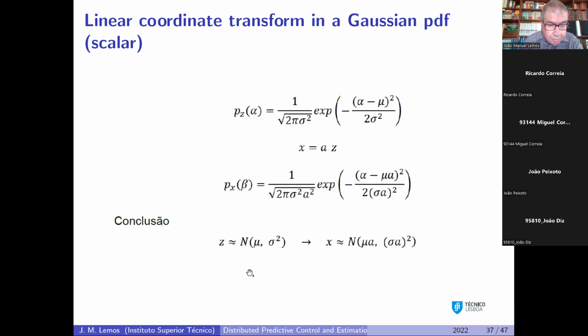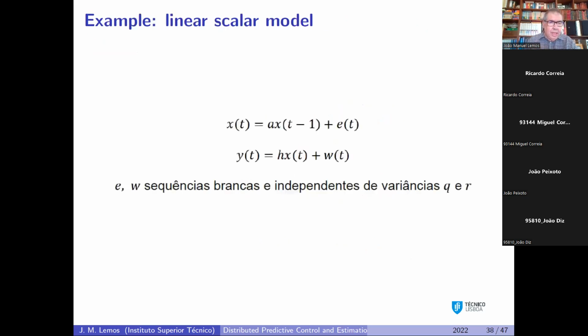That is to say, if Z is a Gaussian with mean mu and variance sigma squared, then X will also be a Gaussian with mean mu a and variance sigma squared a squared. So these are the results. Now let's apply them to the Kalman filter.